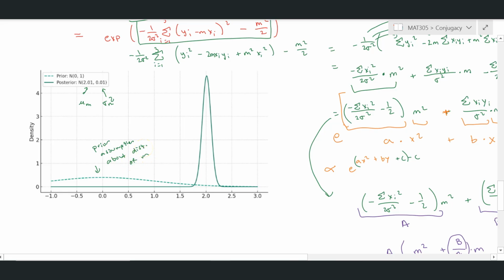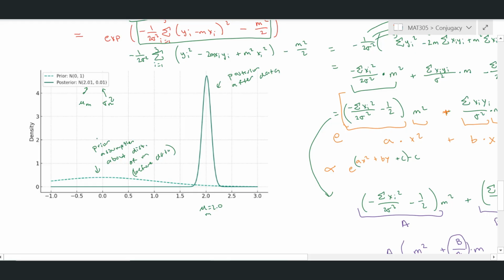Remember, we assumed that it was normal 0, 1. This is before data was collected. But after analyzing it with respect to our data, our posterior, we can say that m has a mean of 2.0 and a variance of 0.01.